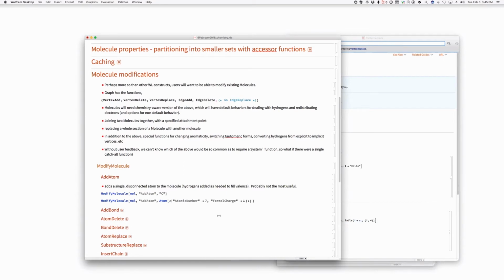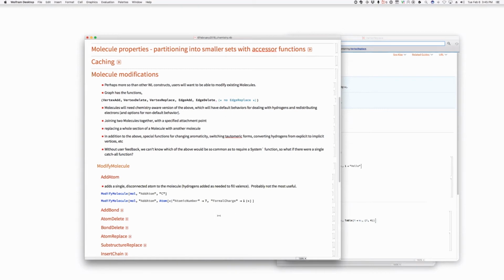It takes a molecule, the second argument is a string that tells you what you're doing, and from that second argument, the third argument makes sense. It's reminiscent of how we control a web browser, which is kind of weird. At the moment adding an atom isn't all that useful because you're just adding a disconnected atom, but we would still like to have the ability to do that.